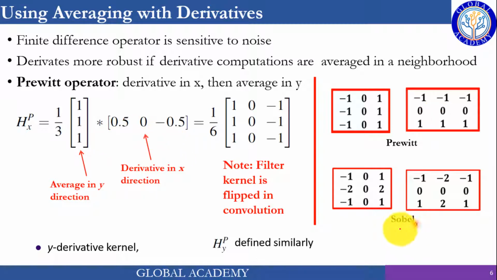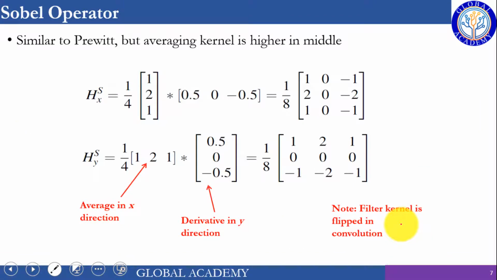And similarly we have the Sobel operator, which we will discuss on the next slide. The Sobel operator is definitely an improved version, because it is using Gaussian-like weights for averaging: 1, 2 and 1. It is in fact divided by 4 because the total sum of these values is 4.